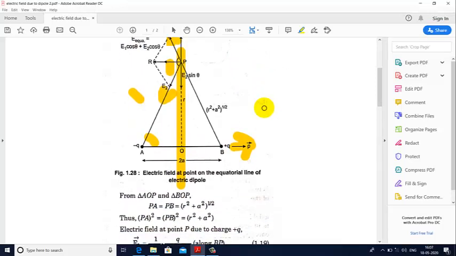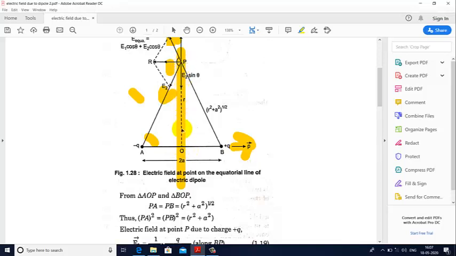Here the charges are the same, and the distance of point P from both these charges is equal. Why am I saying that the distance is equal? Let me make this clear.